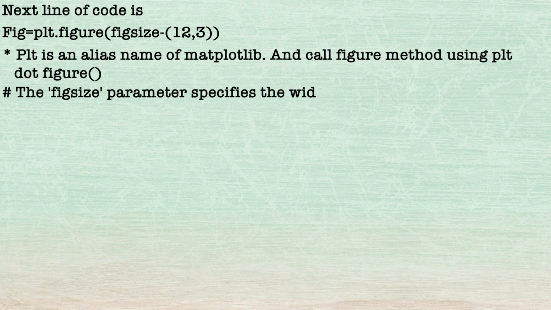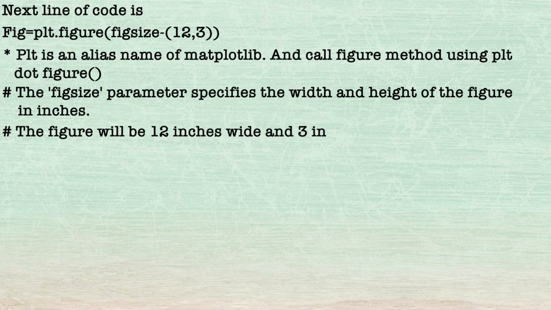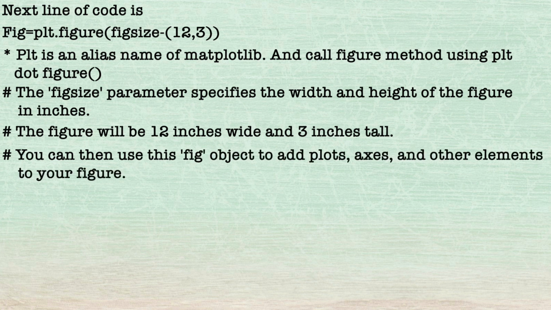The figsize parameter specifies the width and height of the figure in inches. Here the figure will be 12 inches wide and 3 inches tall. So you can then use the fig object to add plots, axes and other elements to your figure.